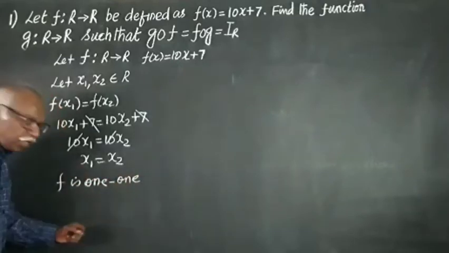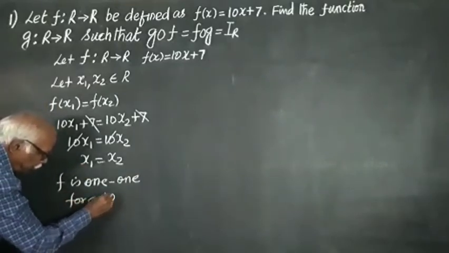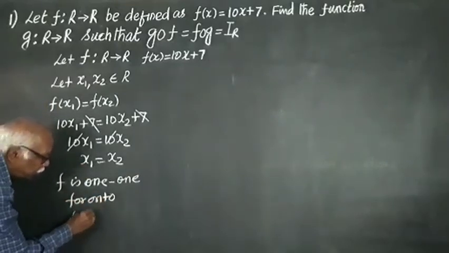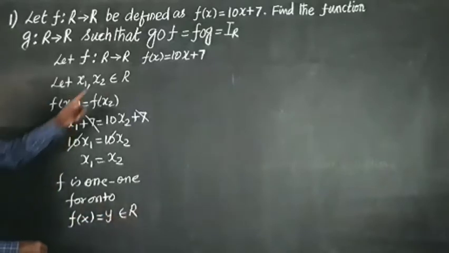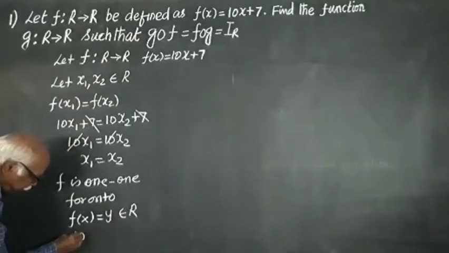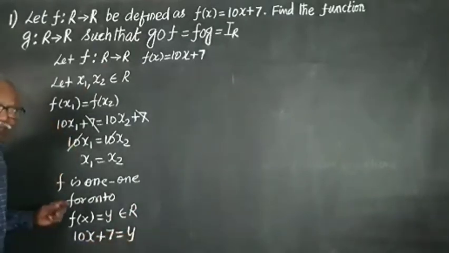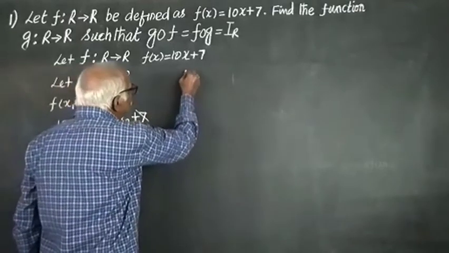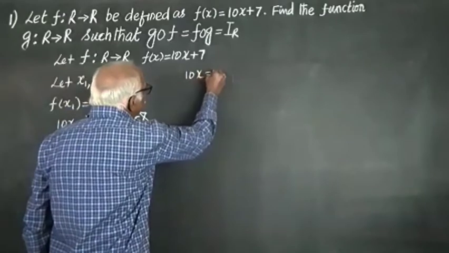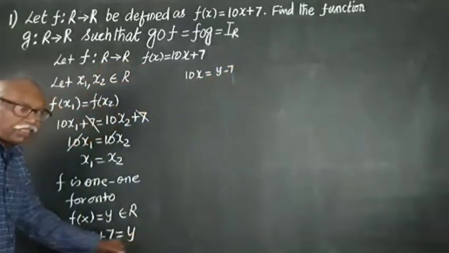Then for onto, let y belong to R and f(x) = y. What is f(x)? 10x + 7 = y. Then find x in terms of y. 10x = y - 7; this 7 goes to this side as minus 7.